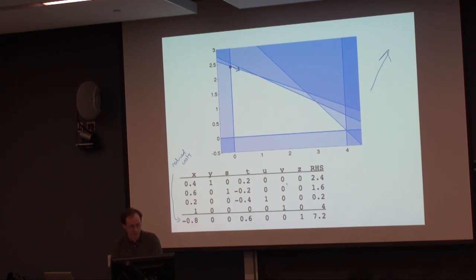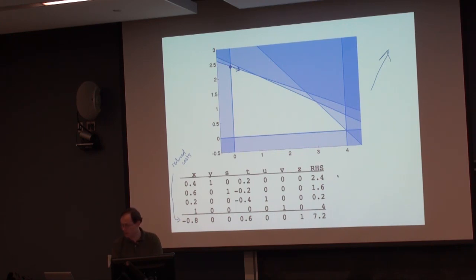So let's see. If we look at the y row, if we increase x by 1, then we have to decrease y at a rate of 0.4. And how long are we going to be able to do that? Well, until y hits 0, and it starts off at 2.4, and it's going down at a rate of 0.4.